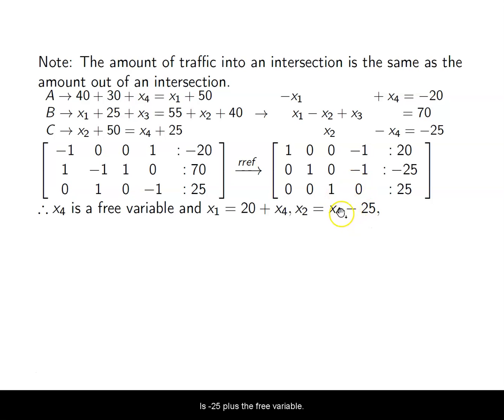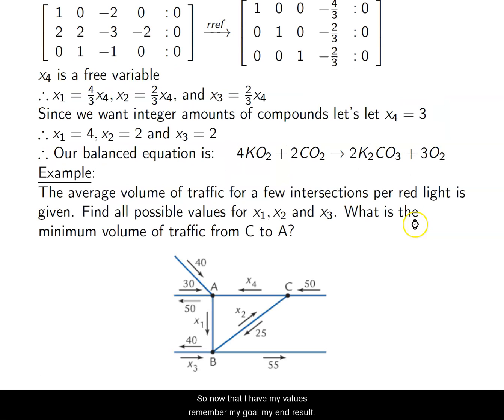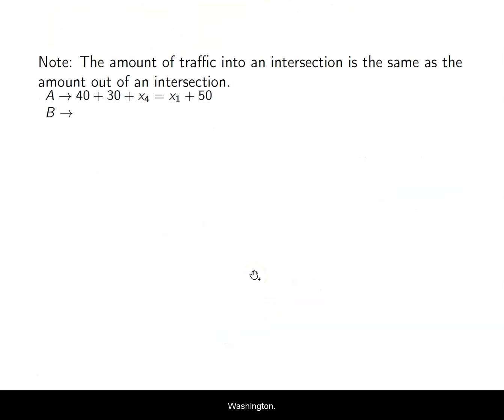X2 is negative 25 plus the free variable. And X3 is 25. So now that I have my values, remember my goal, my end result, was to minimize the traffic from C to A. I want to minimize the value of X4. What's the smallest value that this can be for our situation?